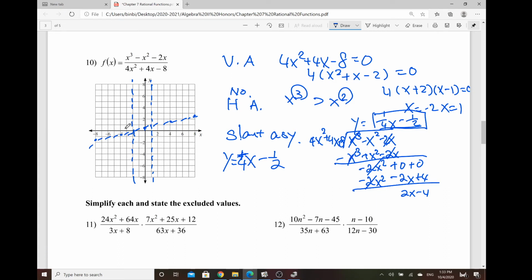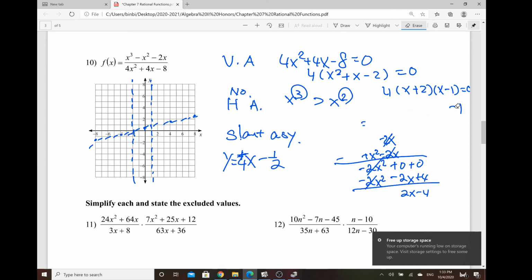So once you find the VA and the slant asymptote, basically we just need to get some points. Again, to find the intercepts, you want to set up the xy table. Okay, so I just want to clear all this and try to get some space. We want to find the xy intercepts and some other points on the graph right here.